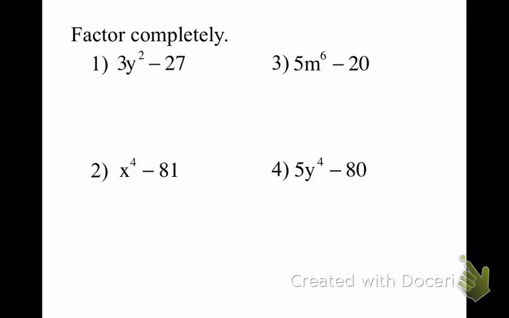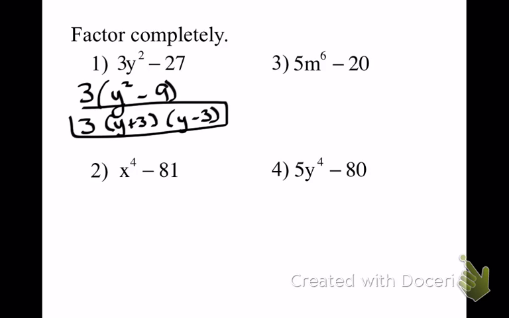Now check your work. So step 1, this one requires some GCF factoring, 3, and I'm left with y squared minus 9. We know that this breaks down to y plus 3, y minus 3. Fully factored, you are done. Number 2, we've got x squared makes x to the 4th minus 9.